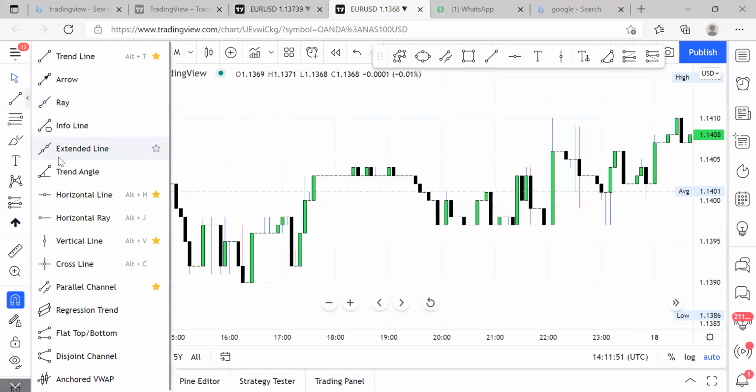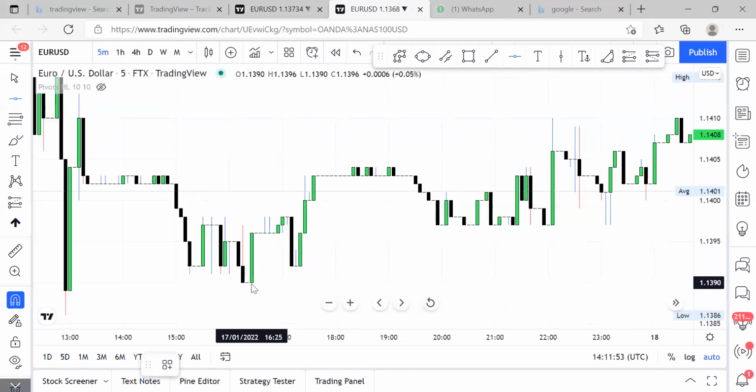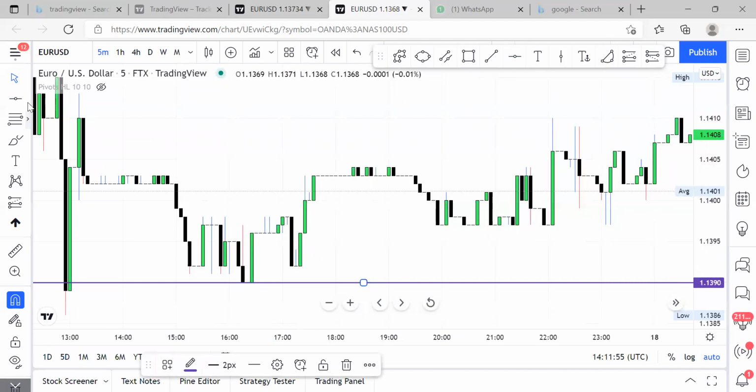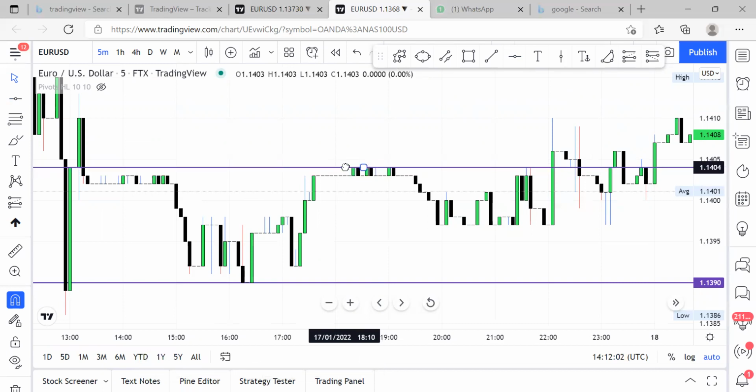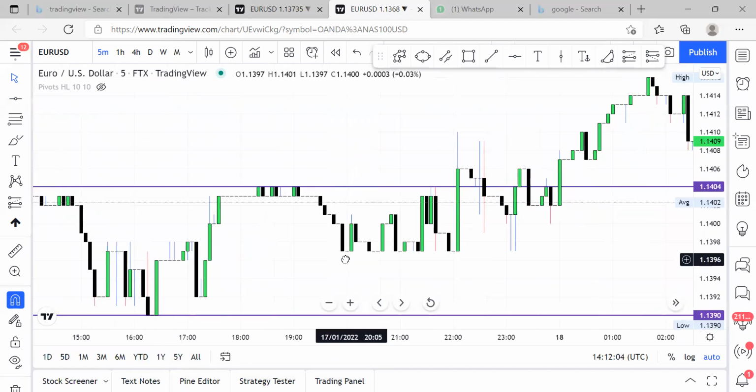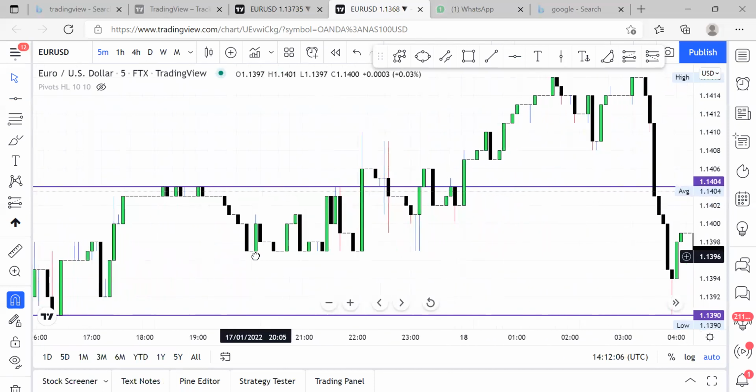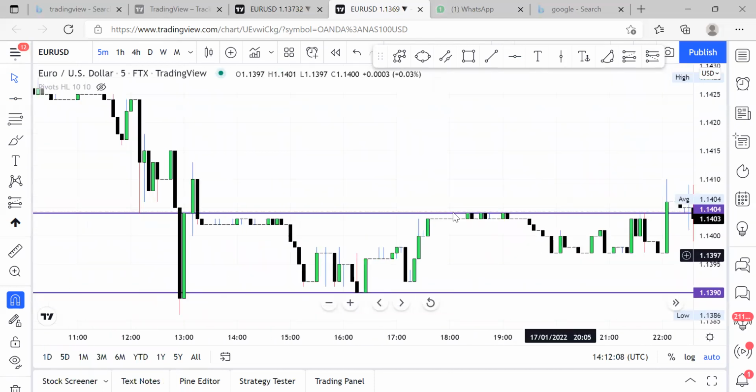So what I'll do is a horizontal line. Price did not go below here. Price tried to go above here. And then see how price reacts in these zones.